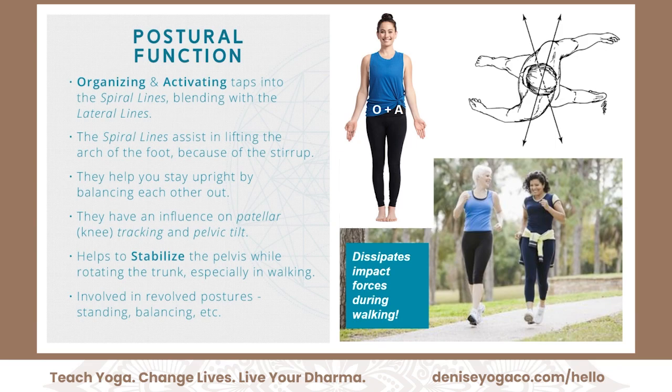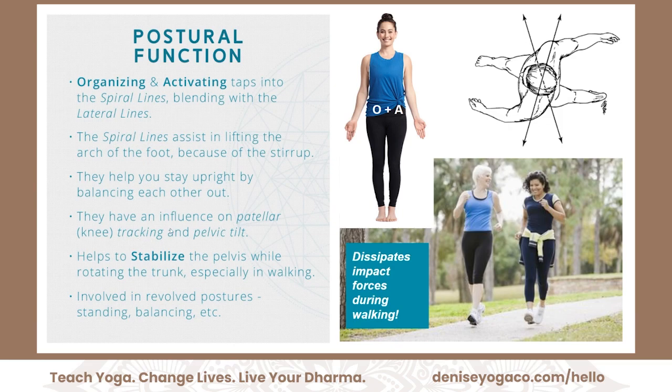And what's the role of my spiral line, encouraging this rhythmic rotational action that is very efficient? It's movement around an axis, and it enables a nice easy arm swing and easy leg swing through your gait cycle. So that's all wonderful to notice and really interesting to play with.